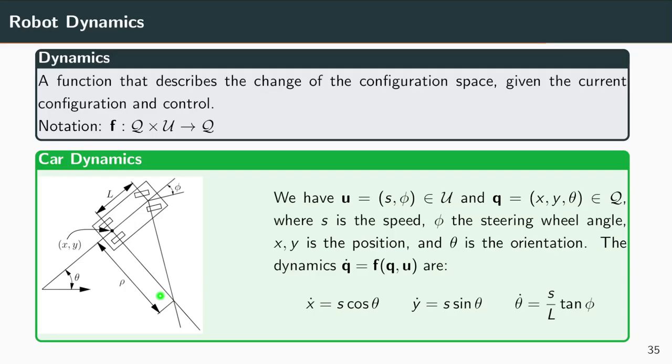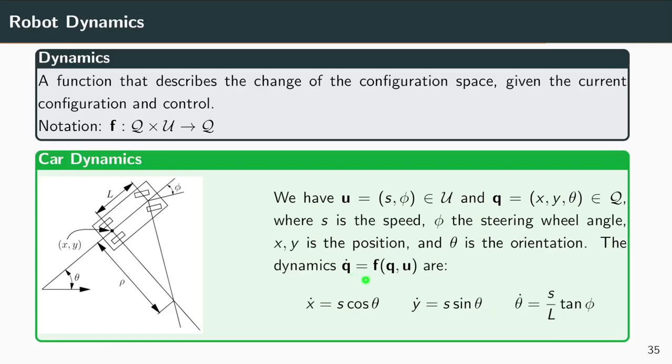And so if we again take the example of the car, then the configuration space, for example, is now just x, y, and theta, so the yaw angle of the whole car. Our action space is just the speed and the angle of the steering wheel. And then the dynamics are basically given by these three equations.